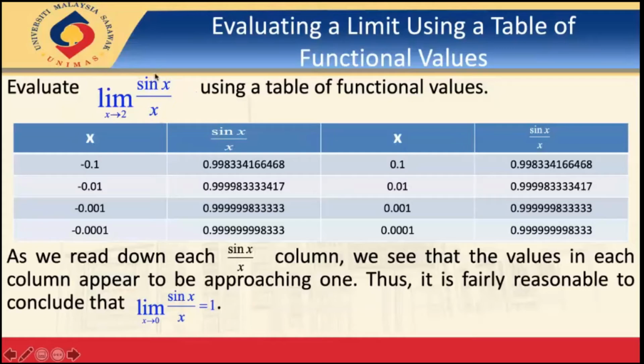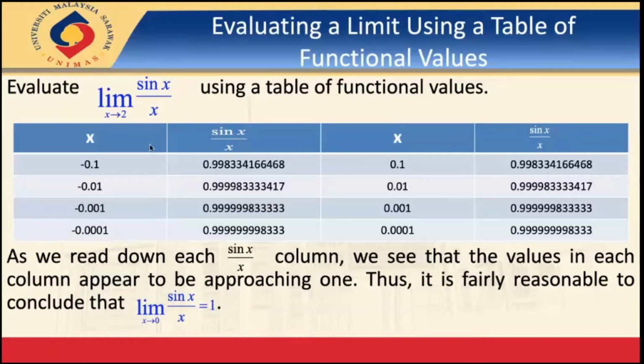Okay, so I hope you remember: limit of x approaches 2 of sine x divided by x. Now the values of x are given in the first column of the table, and the output of the function sine x divided by x is in the second column. So for example, if we replace the x value by negative 0.1, then sine x divided by x equals 0.998 and so on.